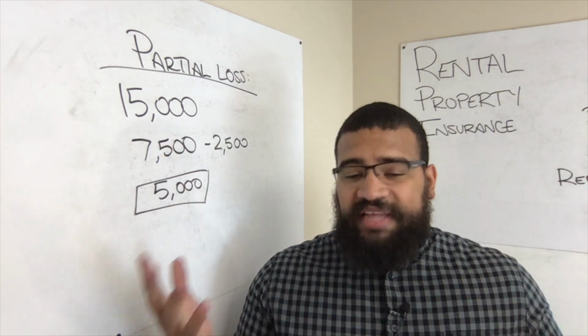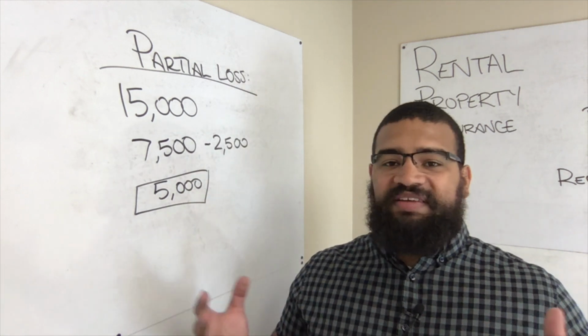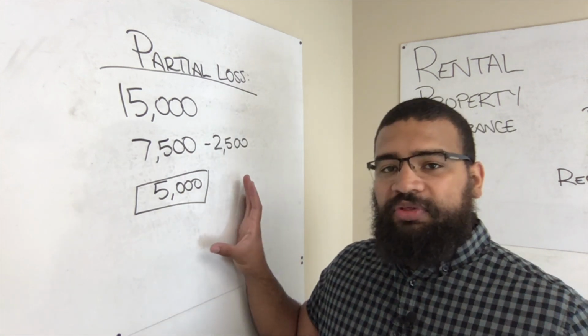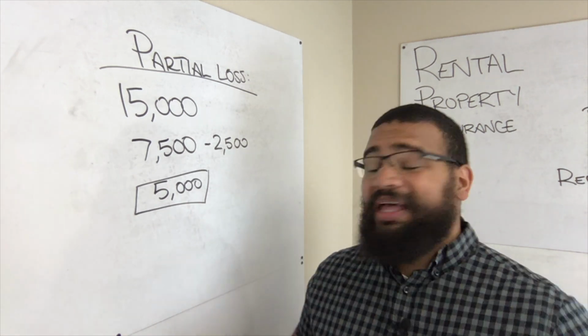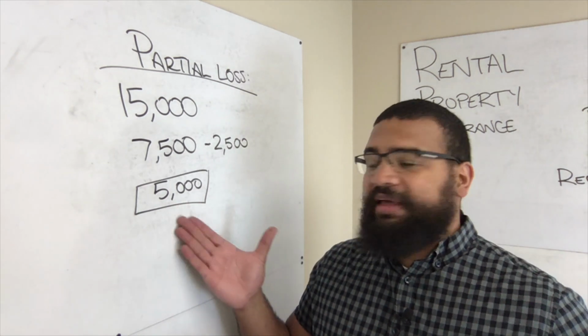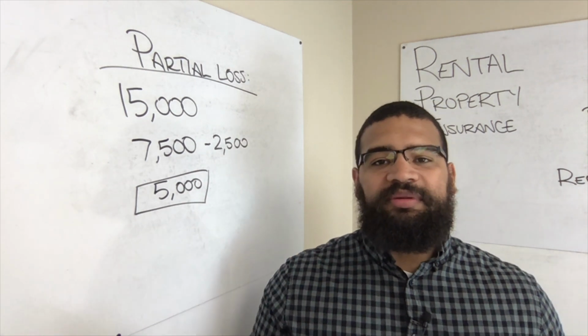Now, this comes down to risk tolerance, because I have investors that have 70, 80 properties that prefer this type of policy because they do a lot of the work themselves. So they might be able to get away with buying all of the materials needed for $5,000 and then installing them themselves.